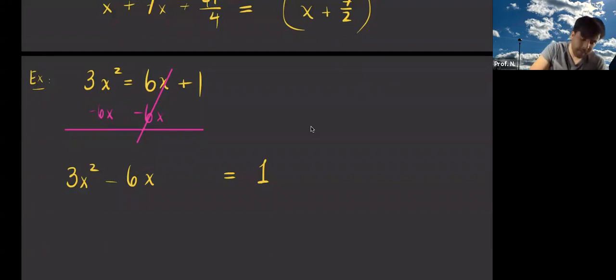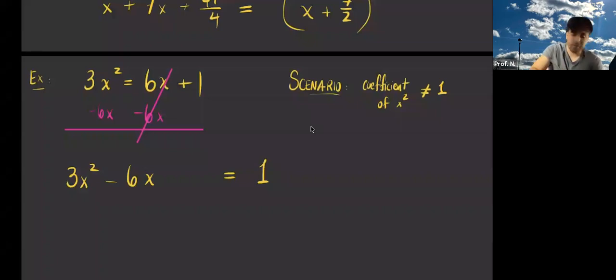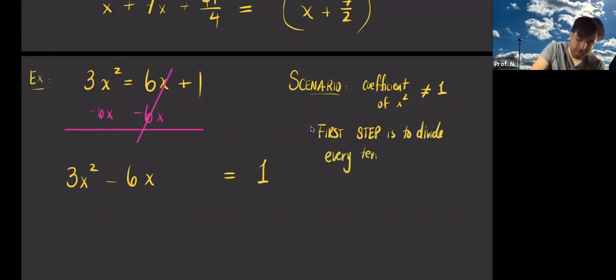But in this scenario, where the coefficient of x squared does not equal 1, the first step is to divide every term by the coefficient of x squared.